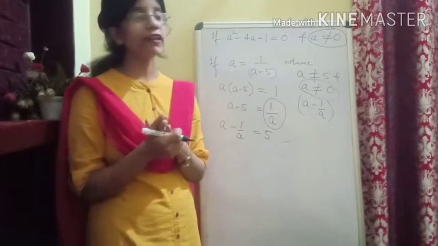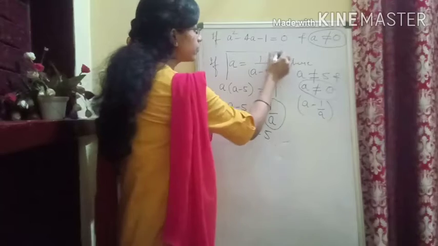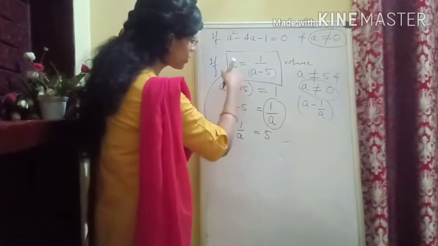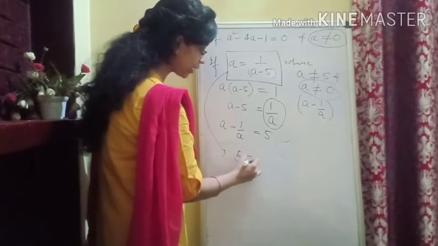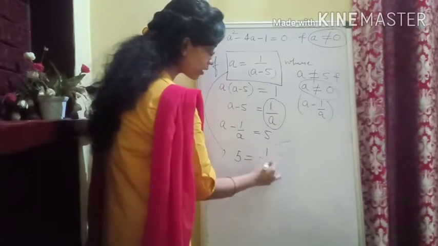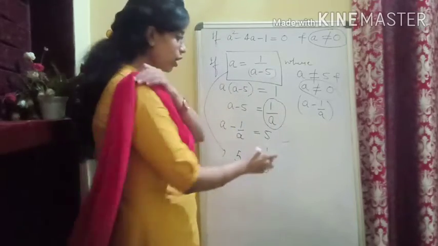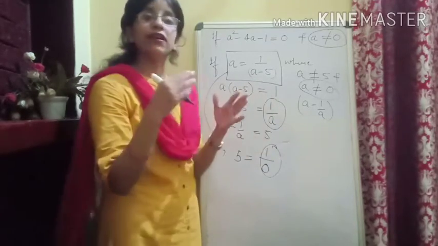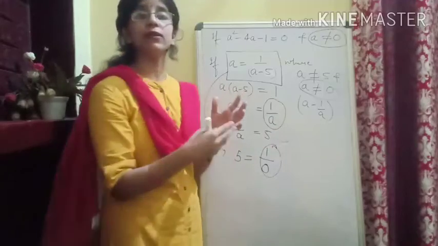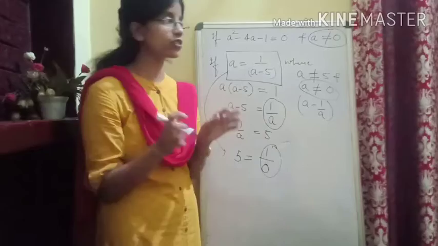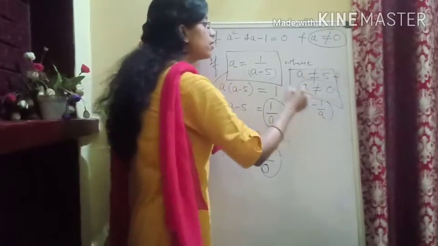Why? Because if you put the value 5 in the given information, a is 5, so 5 minus 5 again becomes 0. Again it is not defined, so when we put the value and it becomes not defined, that variable cannot take such values, and that's why these conditions are given.